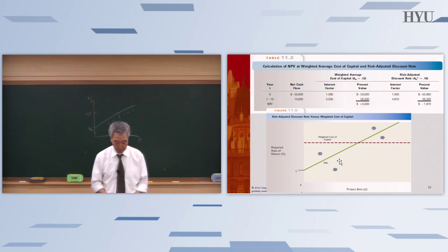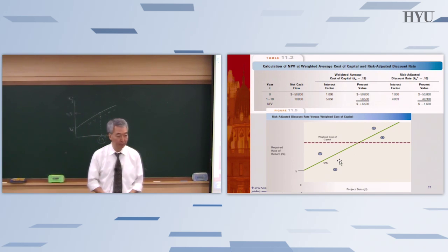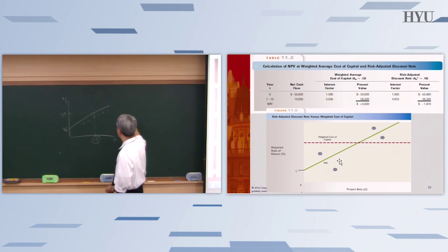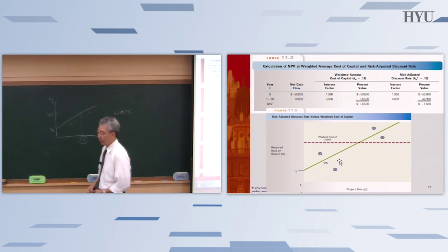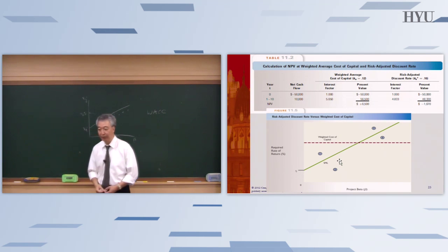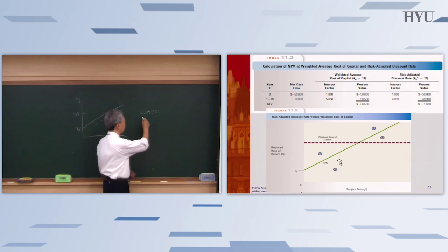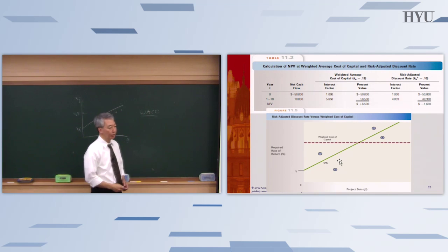So what this graph is telling us is that if you consider just the weighted average cost of capital, WACC, again, we have not formally discussed this WACC yet. We'll do that in chapter 12, I think, cost of capital. But you can consider it the average cost of capital.